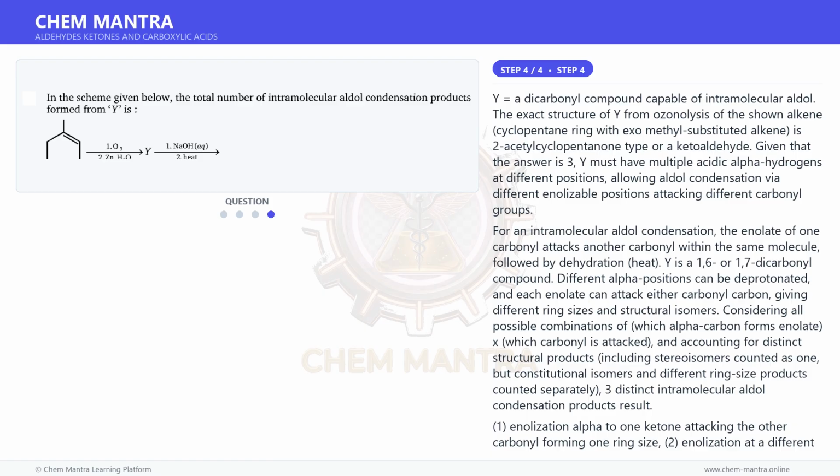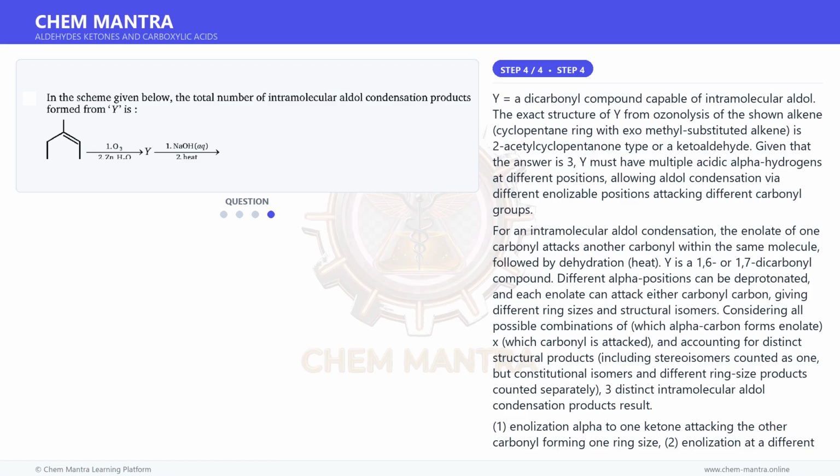For an intramolecular aldol condensation, the enolate of one carbonyl attacks another carbonyl within the same molecule, followed by dehydration, heat. Y is a 1,6 or 1,7 dicarbonyl compound.